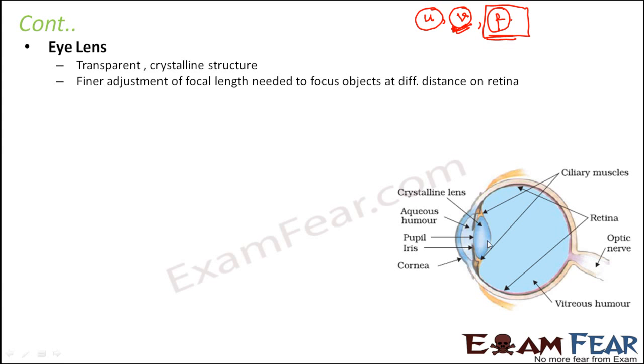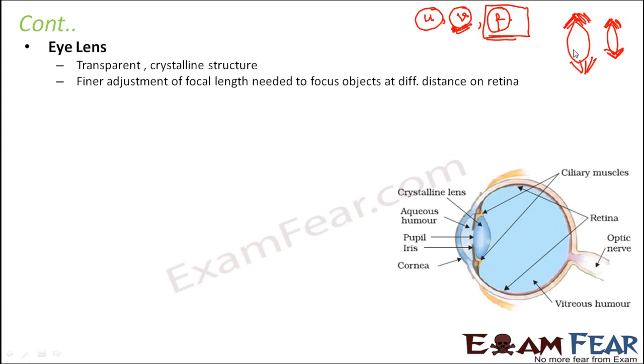The adjustment of the focal length is actually done by the ciliary muscles which are present on both ends of the lens. So let us suppose if this is the lens, right? And these are the ciliary muscles which are present on both the ends. Now if these muscles tend to contract, what will happen? The lens can become like this because of these muscles.